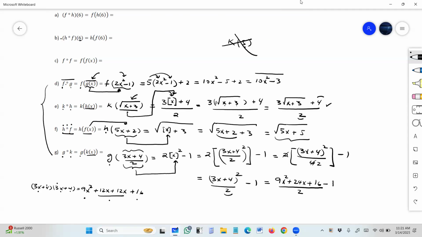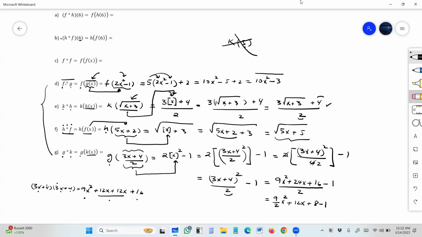So you could leave it this way if you wanted to, right? There's not much I can simplify, but I could do a little bit better. So this is going to be 9 over 2 x squared, 24 over 2, 12x, 16 over 2, 8, minus 1. And then I can combine the 8 and the 1.